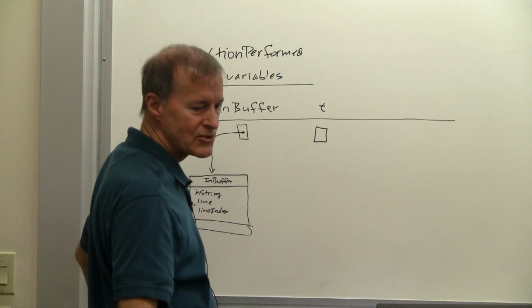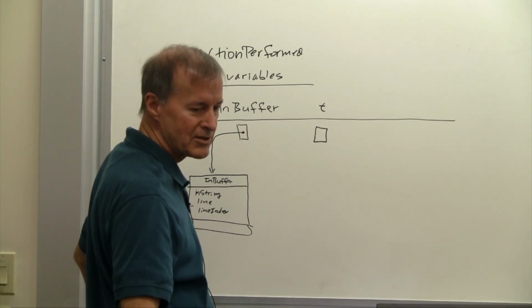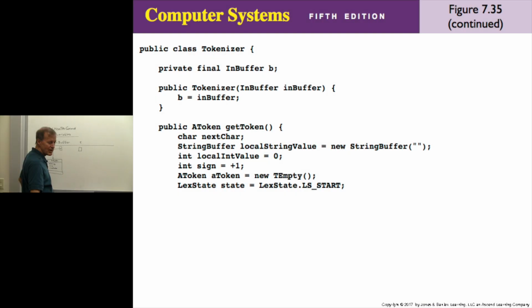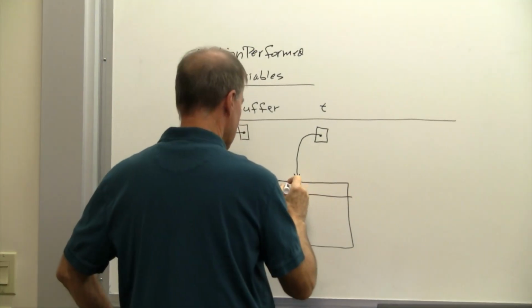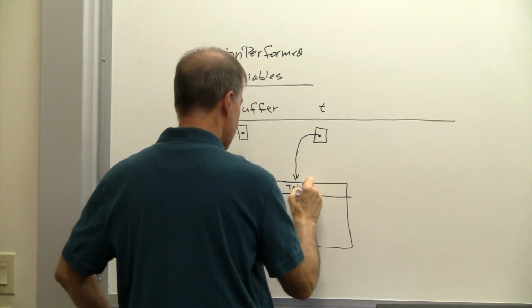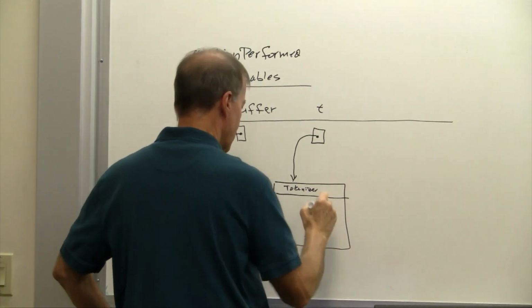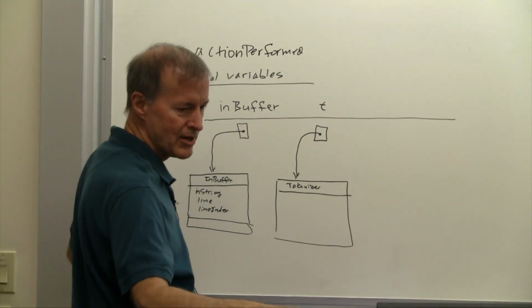Now what does the tokenizer have in it? We looked at that code last time. Does tokenizer have any local variables? Oh, tokenizer, yeah, so this t goes to a tokenizer. Okay, so here's tokenizer. Are you with me? And what attributes does a tokenizer have?